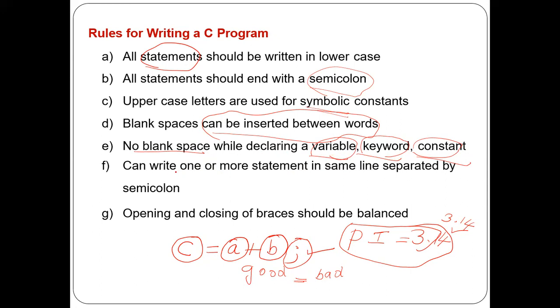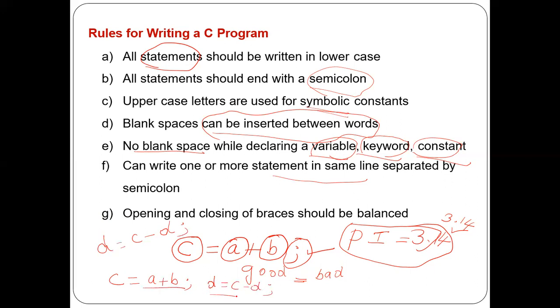You can write one or more statements in the same line separated by semicolons. This is very important. I have just written one line here, and d equal to c minus d. Let us assume like this. There are two statements. The two statements can be written in one line, each followed by a semicolon, and I am giving another statement, d equal to c minus d.